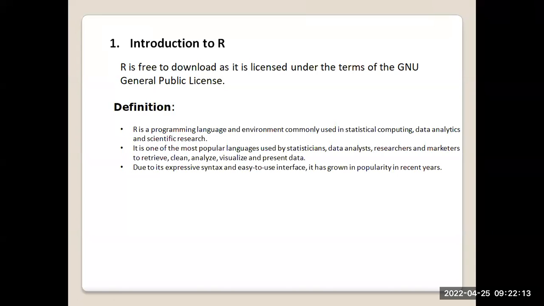Based on whatever information you are analyzing, you can represent it graphically also. You must have seen the different graphical representations of results after the analysis. So we are analyzing, and then we can visualize the analysis result. It also provides visualization for your result.